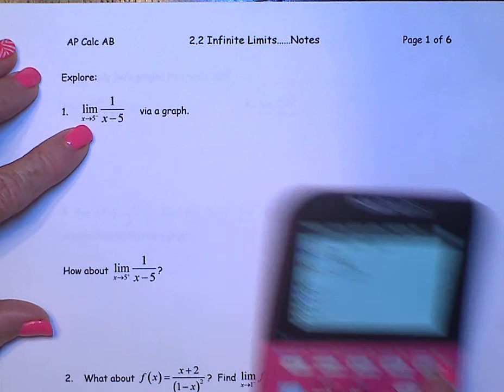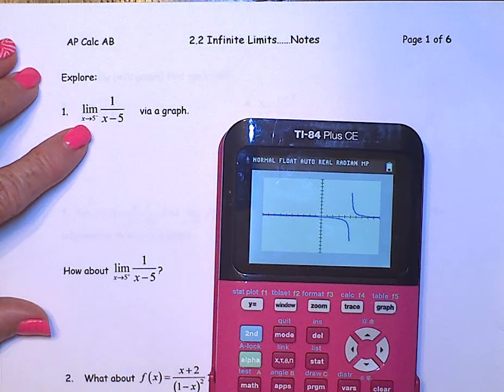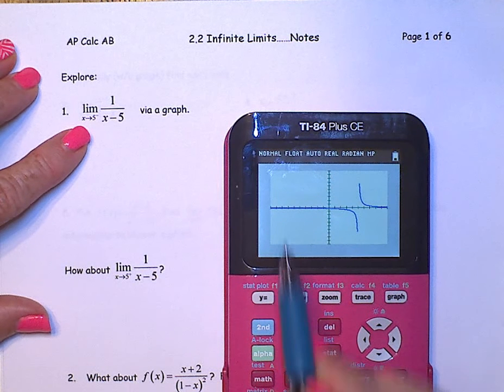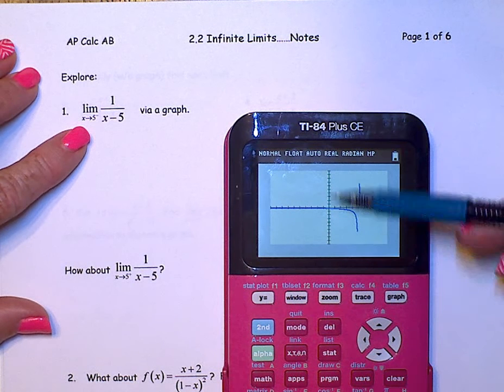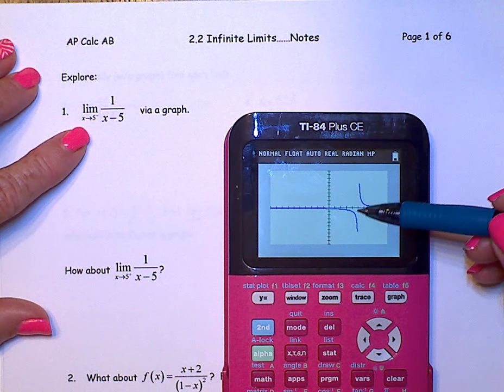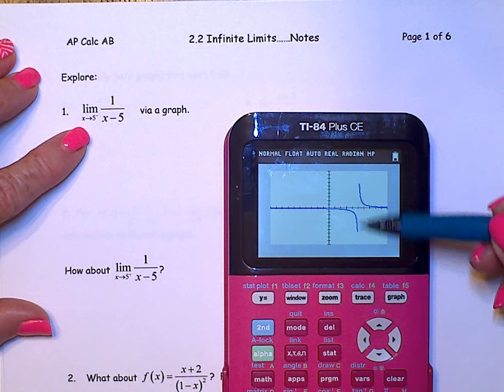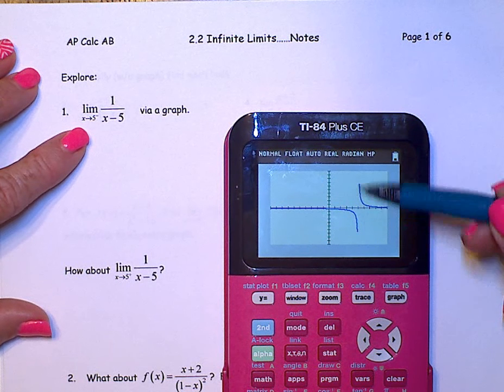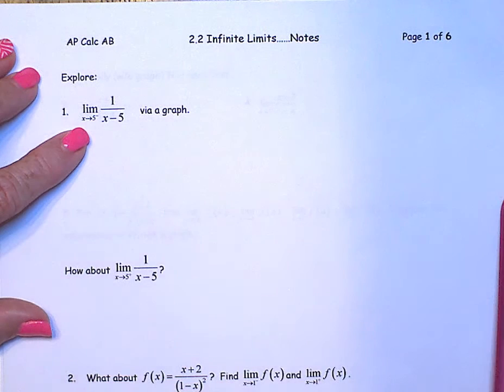When we look at the graph, we see something like this. This is on a standard viewing window, negative 10 to 10, negative 10 to 10. And we see right here at x equals 5, there is a vertical asymptote. Even though your calculator didn't draw it, there is a vertical asymptote there, and you remember that from pre-calc.